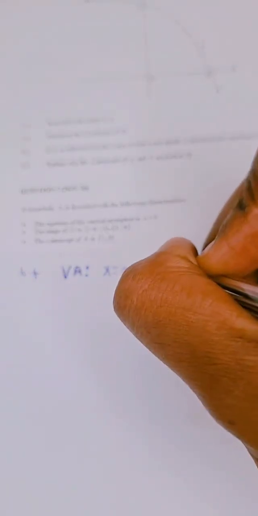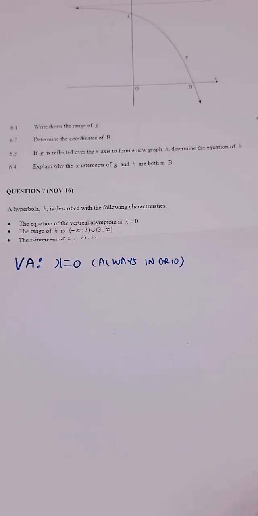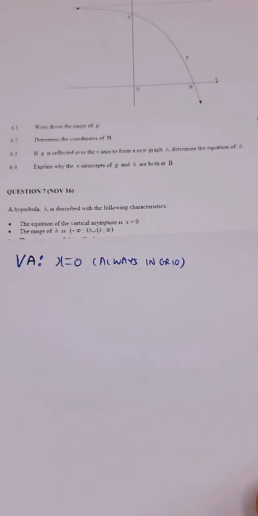One, the equation of the vertical asymptote is x is equal to 0. Now this is always the case in all hyperbola functions in grade 10. Always in grade 10. Noted. Vertical asymptote in grade 10 is always x is equal to 0. Then the range of h is from negative infinity to 3, then from 3 to infinity, and 3 is not included at both the end of one and the beginning of the other.